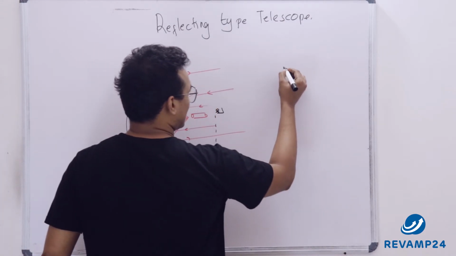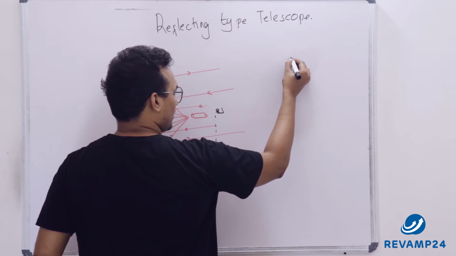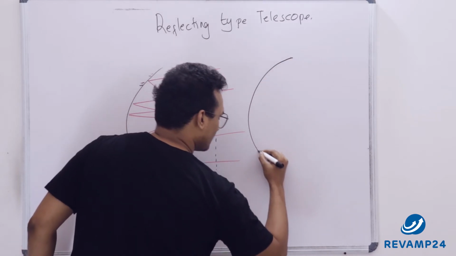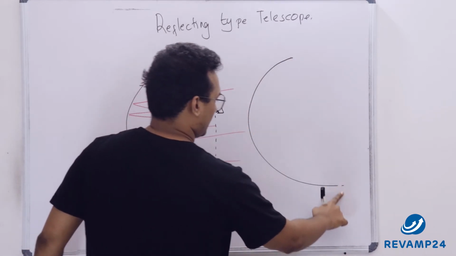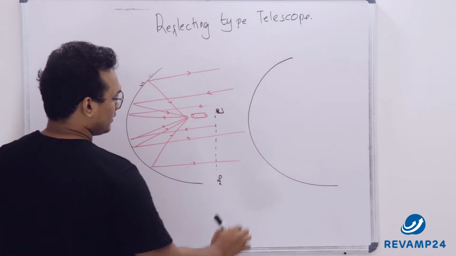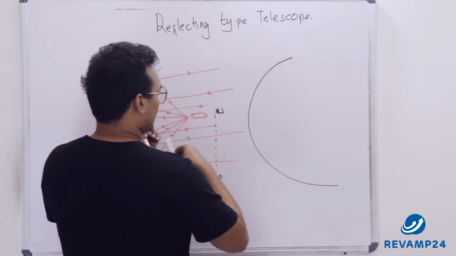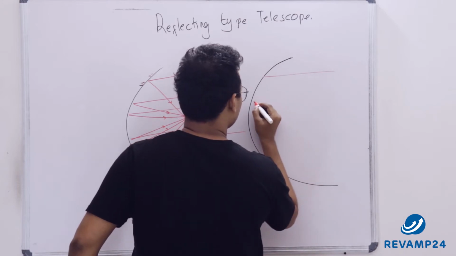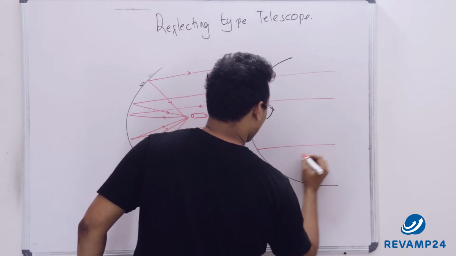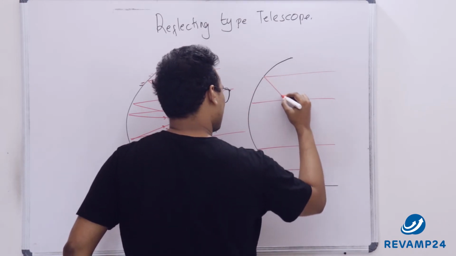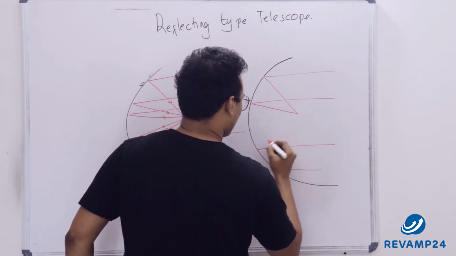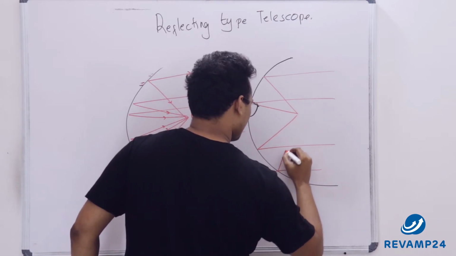but the actual practical telescope is given by Cassegrain, where he made one change. So this is our parabolic reflector. Now the light rays are being focused at one point, and Newton kept his eyepiece at this location, right?